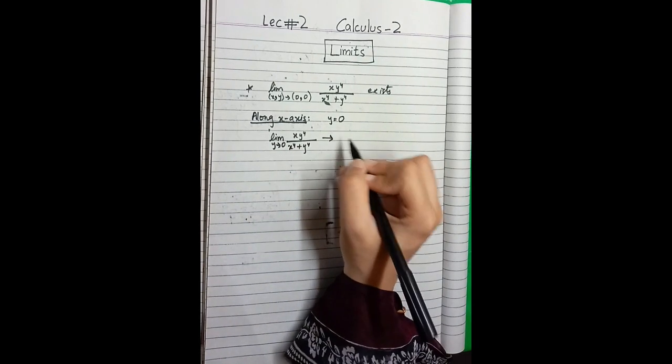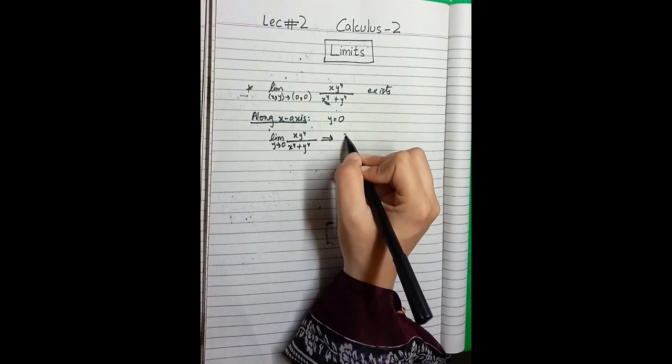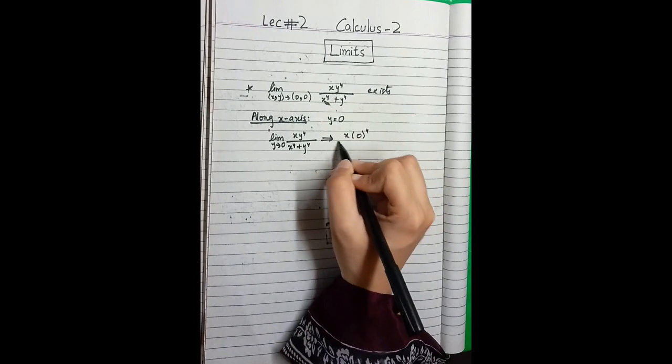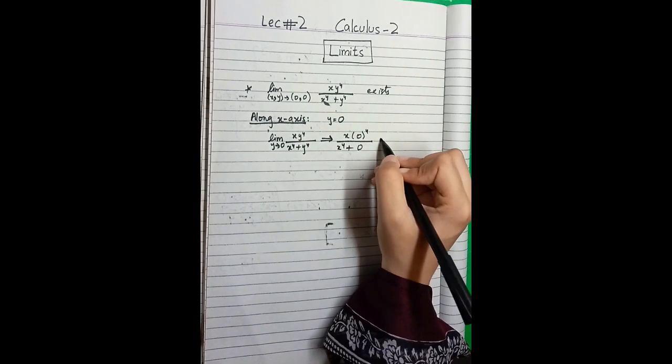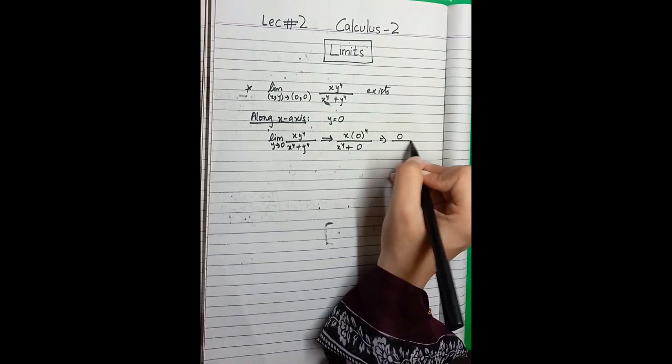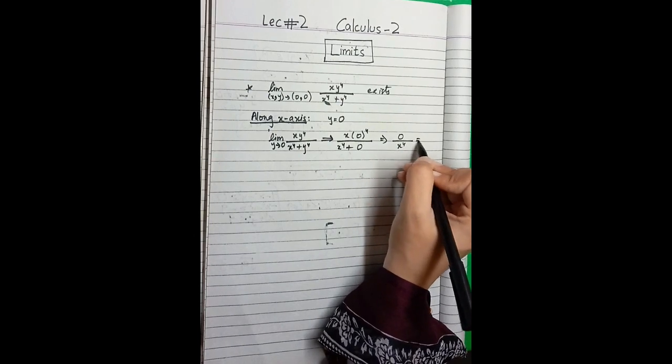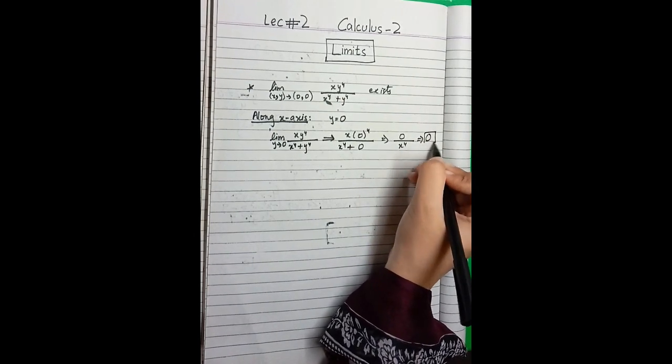Now we will apply the limit. So x into 0 raised to power 4 divided by x^4 plus 0, which means 0 divided by x^4, and 0 over something is 0.